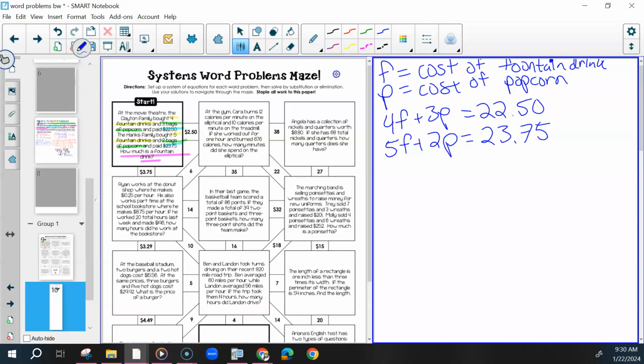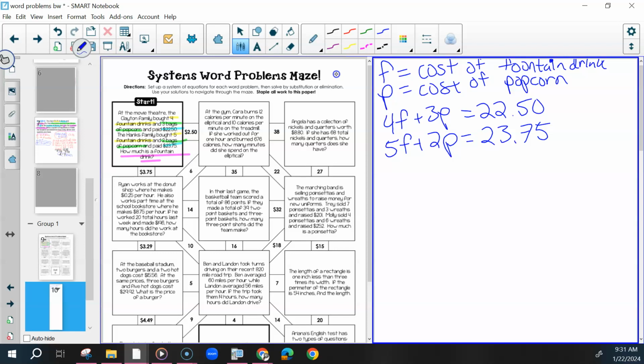Now that we have used all 6 numbers, this would be a good elimination problem. We could solve it by substitution, but you're going to have a bunch of fractions. We could solve this by graphing, but again, you'll have not nice fractions. So we're solving by elimination, because we want to figure out how much a fountain drink is, we can eliminate the popcorn.